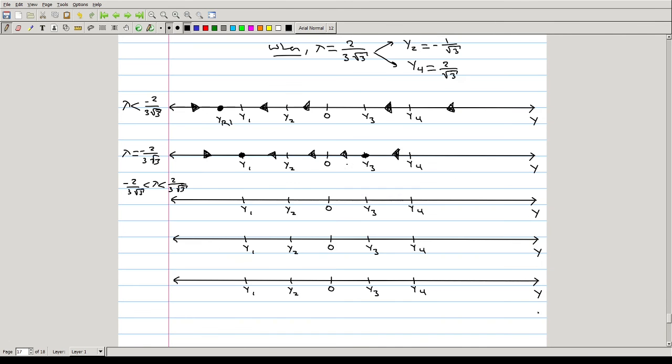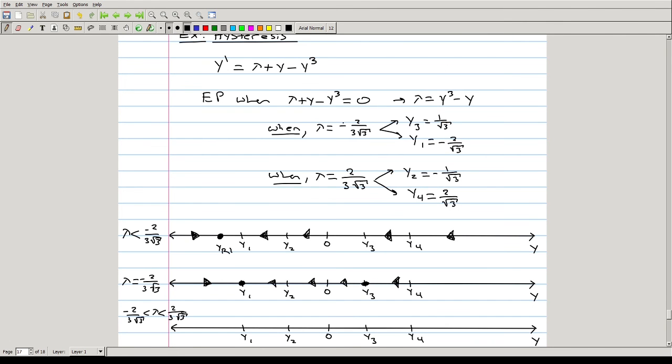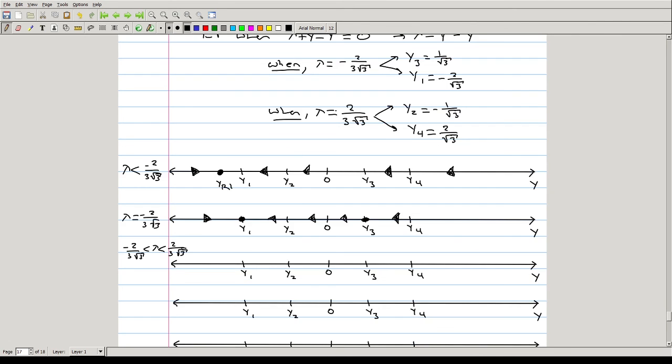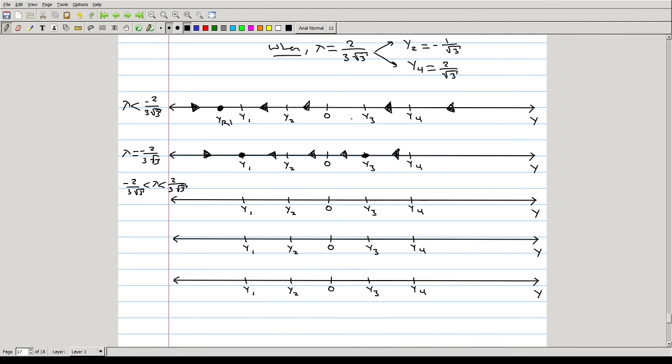That when lambda is between these two values, this equation has three real roots, and the real roots are going to generally be greater than y1, less than y2, one root that's going to be greater than y2 and less than y3, and one root that's going to be greater than y3 and less than y4.